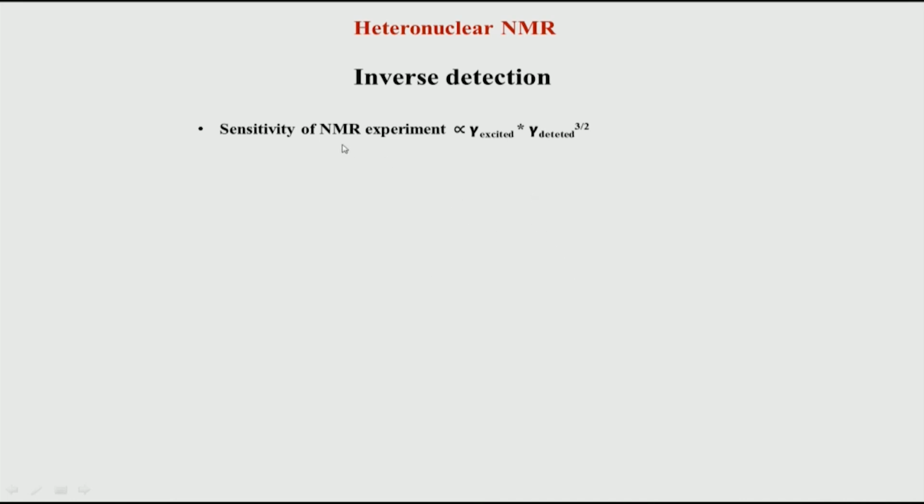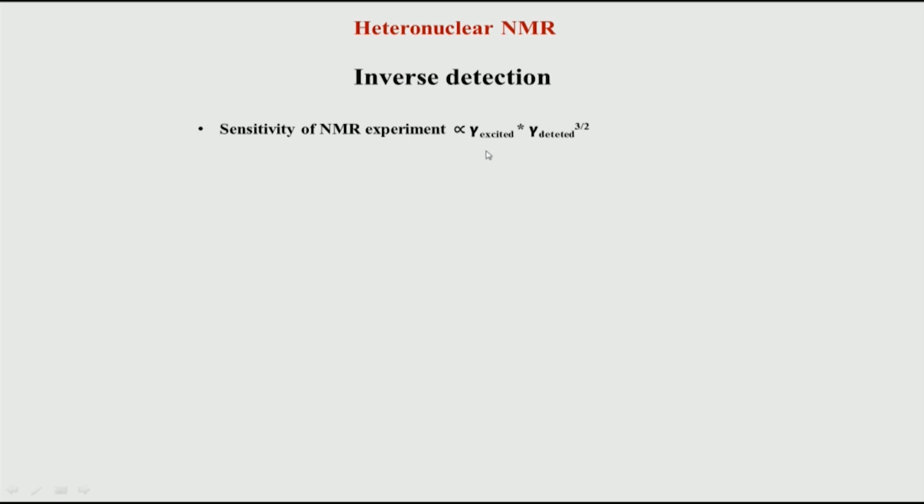The reason for this is shown here. Generally, the sensitivity of an NMR experiment is given like this. It is proportional, I mean there are other factors, but one of the factors is that it depends on what is the first nucleus that you excite. Remember, we have been seeing all the while that we have been exciting protons with an RF pulse.